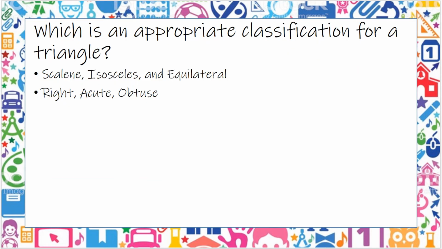Which is an appropriate classification for a triangle? You've got scalene, isosceles, equilateral, right, acute, obtuse. So you can have any combination of these. So right scalene, right isosceles, acute scalene, acute isosceles, acute equilateral, obtuse scalene, and obtuse isosceles.